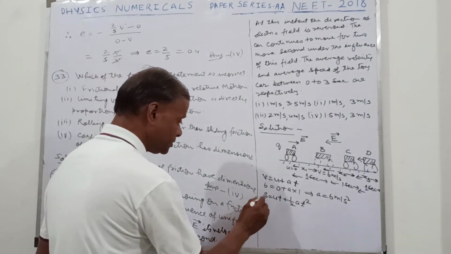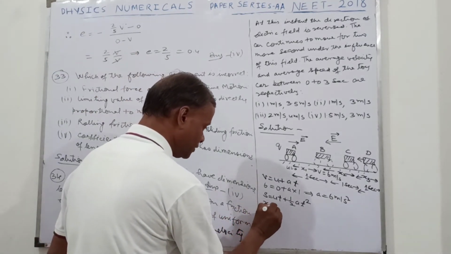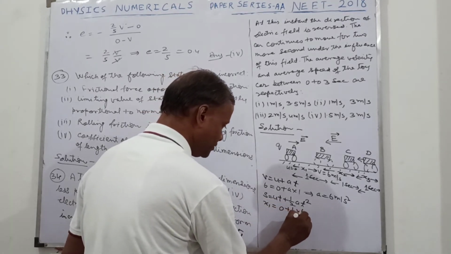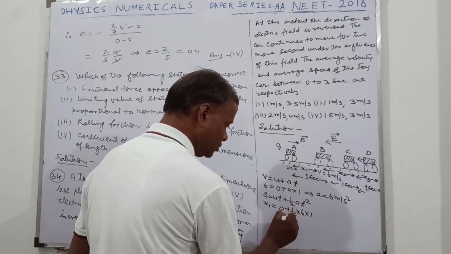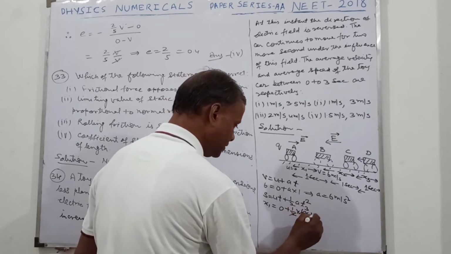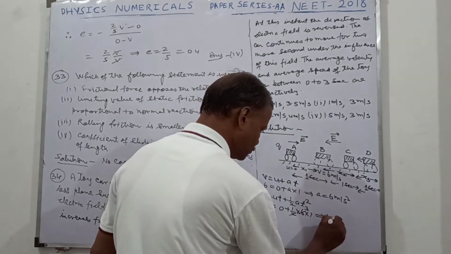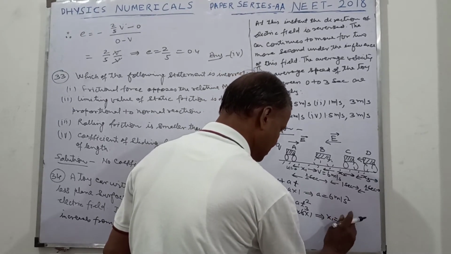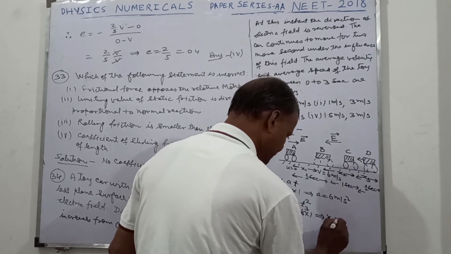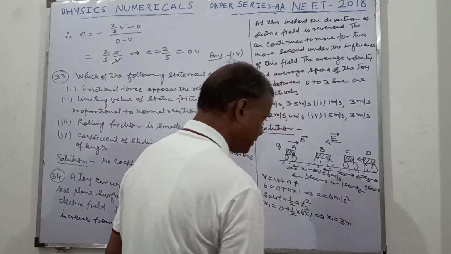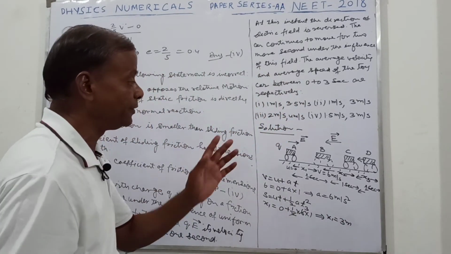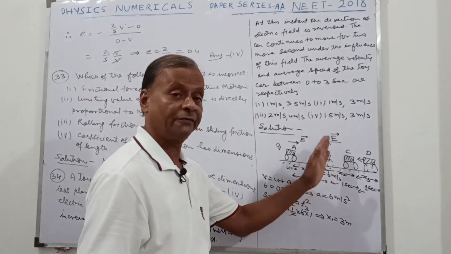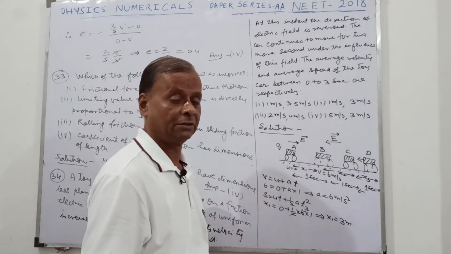S is x1, u is equal to 0, plus half, a is equal to 6, t is equal to 1. So this will cancel, and it is 3. It means that x1 is equal to 3 meter.